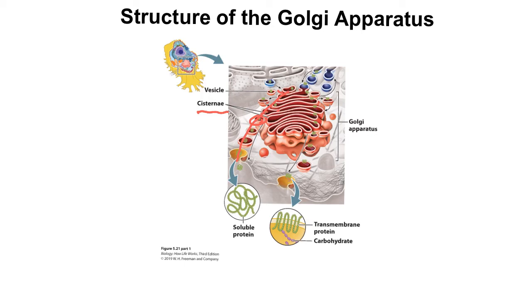And as it goes from one cisterna to another, there is an increasing level of modification of the soluble proteins until it gets fully matured, and then by the process of exocytosis, it fuses with the plasma membrane, releasing the soluble protein.